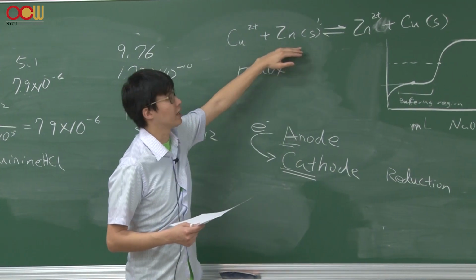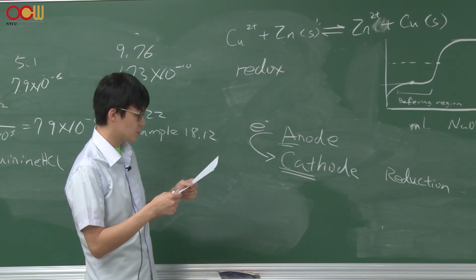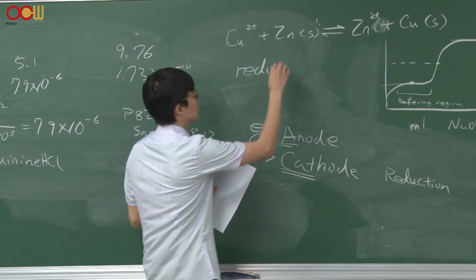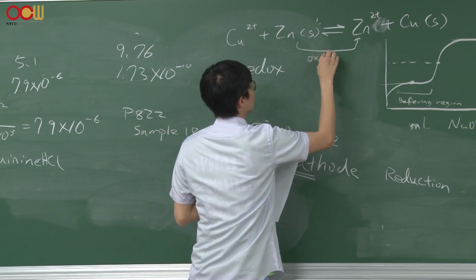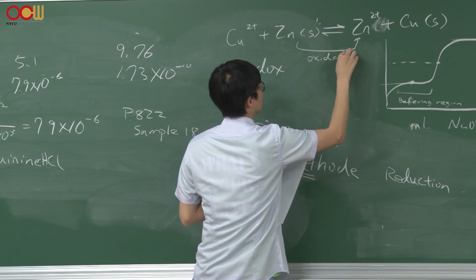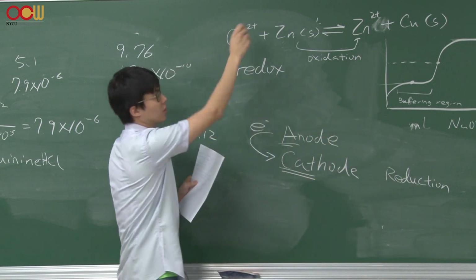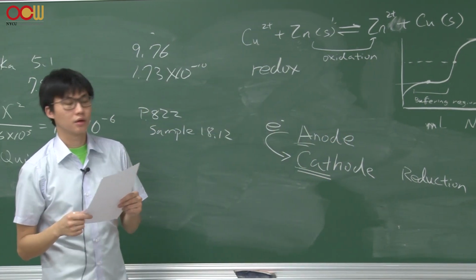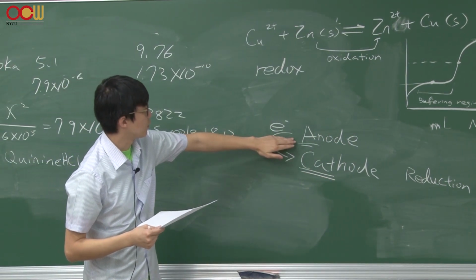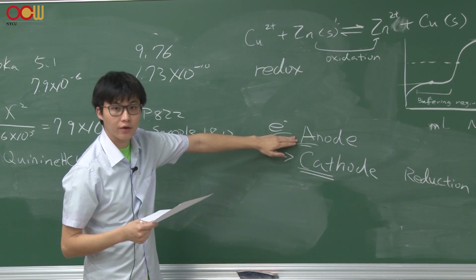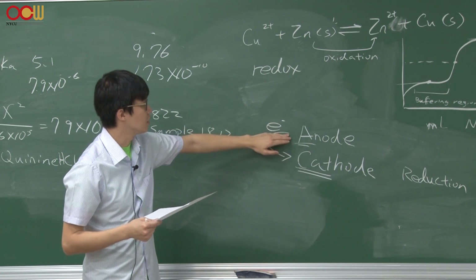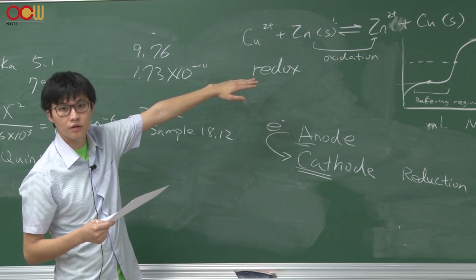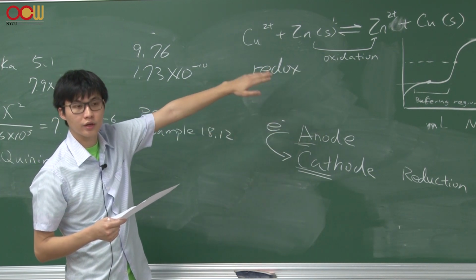So it's losing electrons. Once it loses electrons, this is the oxidation. Okay, and then the other way is the reduction. By knowing the electrons flow from anode to cathode, you see the connection here: oxidation and where the electrons flow.